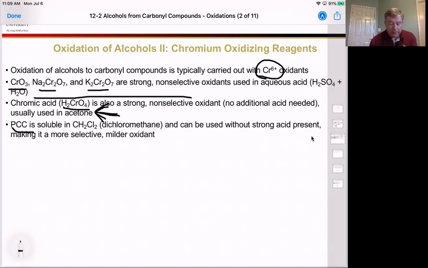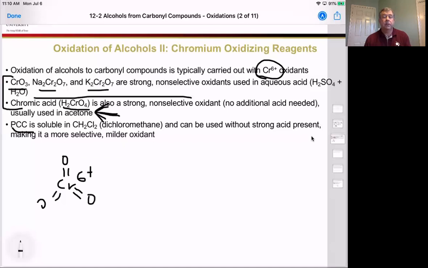So what do these look like? Well, the active ingredient in the chromates is a system right here, where we have basically the chromium in its +6 oxidation state. And that's basically the active ingredient in all of these materials here. But in the case of our PCC, we have a pyridinium chlorochromate. And so we make a salt with pyridine right here.